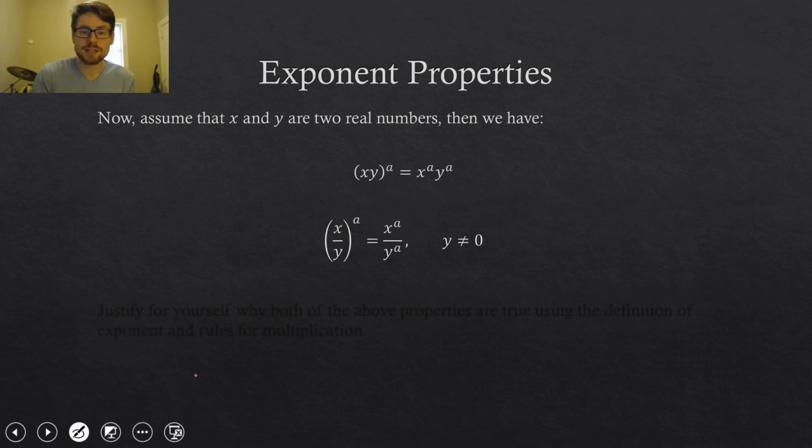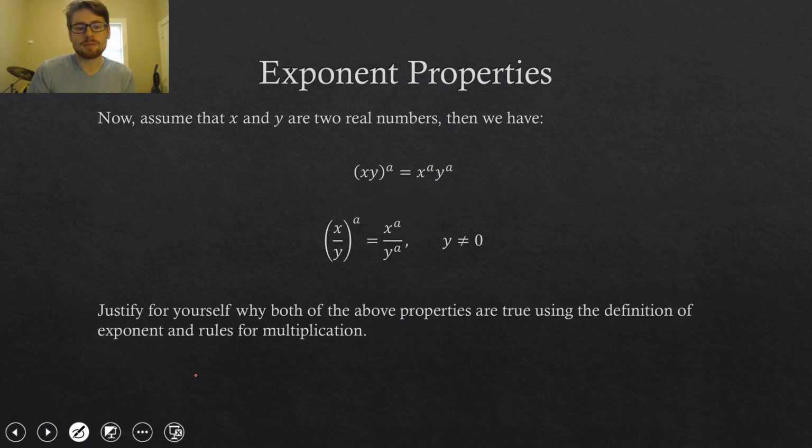So if you have a fraction raised to any power, you can just multiply the numerator by itself a times and the denominator by itself a times, and then take your quotient. And it just comes down to the multiplication rule that you can multiply in whatever order you choose.